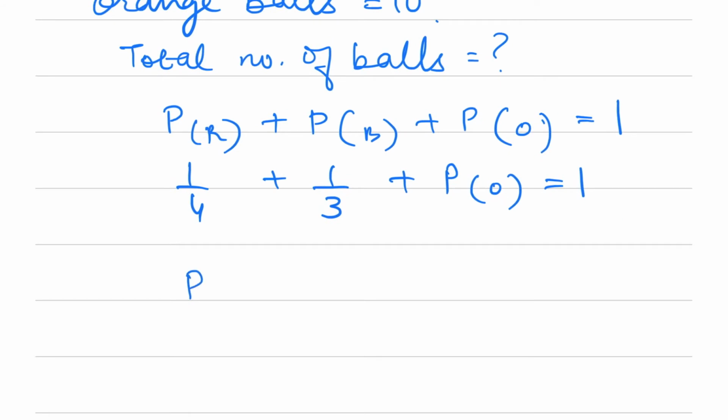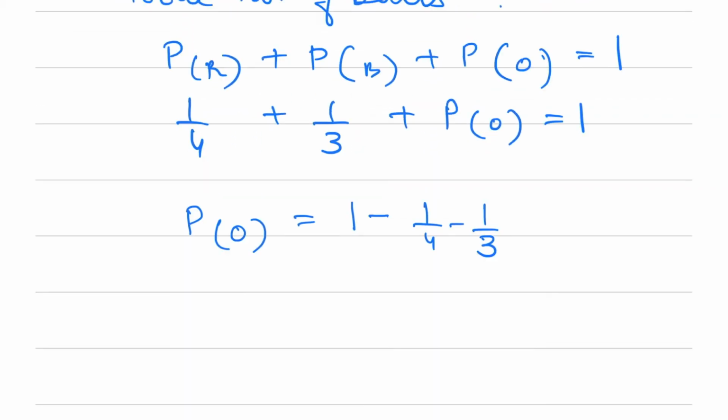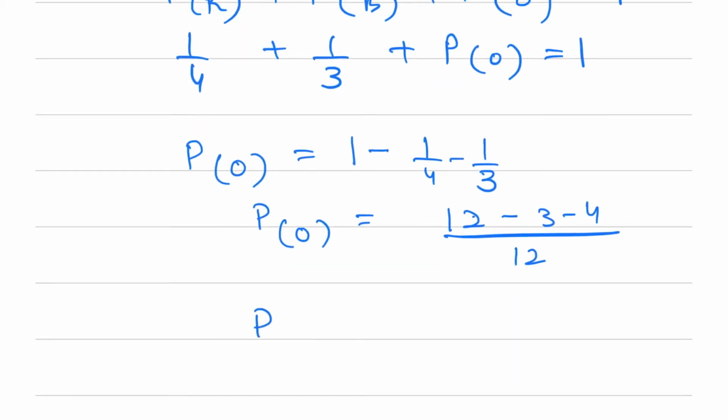So probability of getting an orange ball will be equal to 1 minus 1 by 4 minus 1 by 3. So we have probability of getting an orange ball is equal to 12 minus 3 minus 4 by 12. So we have probability of orange ball is equal to 12 minus 7, so 5 by 12.